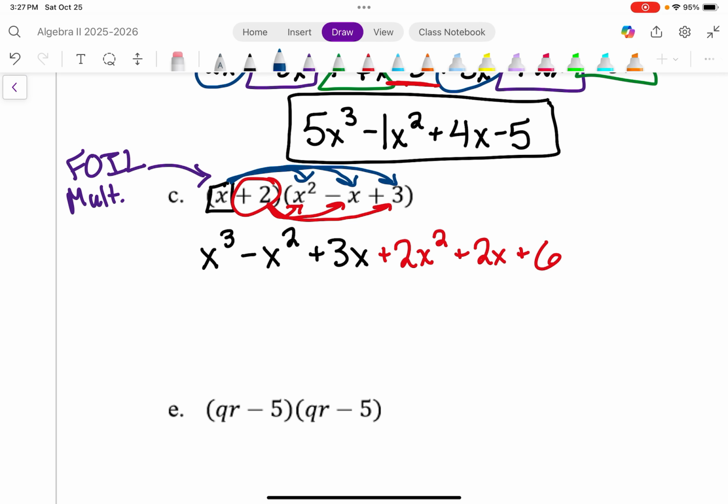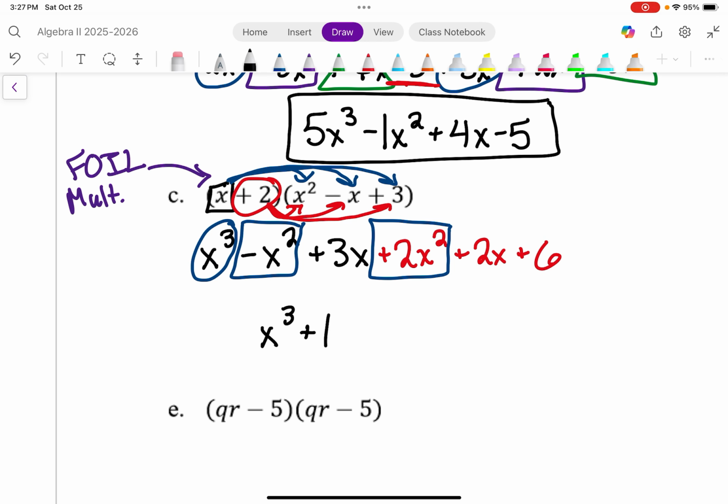Once you're here, you're going to combine any like terms you have. There is only one x cubed term, so that one can't be combined with anything. Then we have a negative x squared and a positive 2x squared. So those would combine to be a 1x squared.